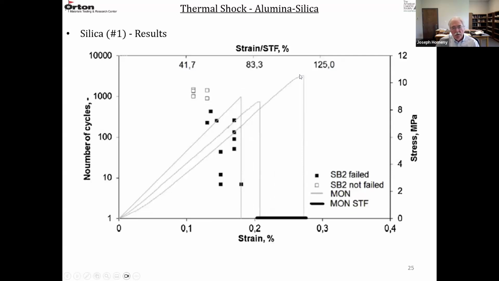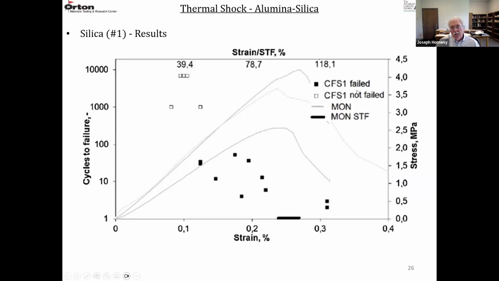You can see the stress strain curves are pretty linear to failure. This was the strains observed on that type of stress strain curve, and then the number of cycles, and then the percent strain that was used in the test. So the open squares did not fail, and as they increased the strain percentage, these solid squares failed after so many cycles.